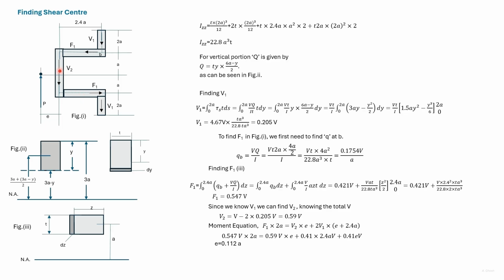Moment about the shear center will be 0. The vertical forces cause moment in the opposite direction to the horizontal forces. So F1 into 2a is equal to V2 into e, and 2V1 into e plus 2.4a.